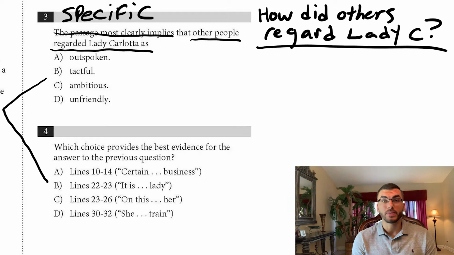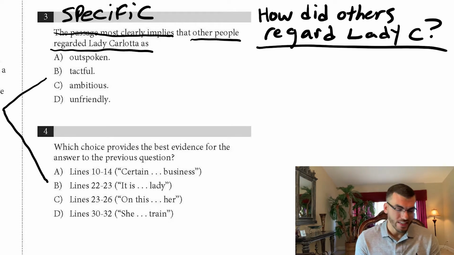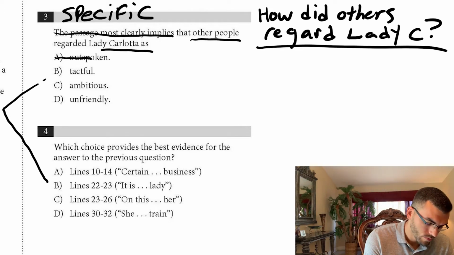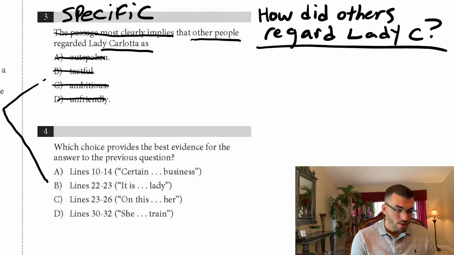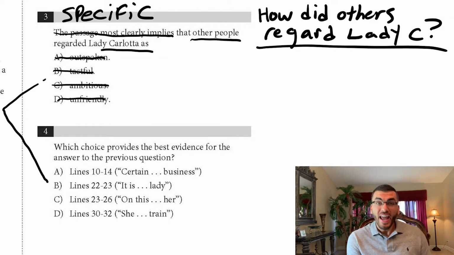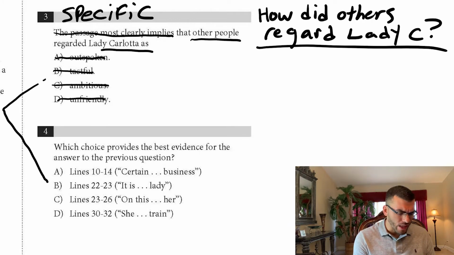What's the next thing that we do? We cross out the answer choices. So question 3 doesn't have a line reference, but we know the answer is going to be on one of the lines of question number 4. So we do know where to go in the passage to look, but do we always start from the top and go lines 10 to 14, then 22 to 23, then 23 to 26?